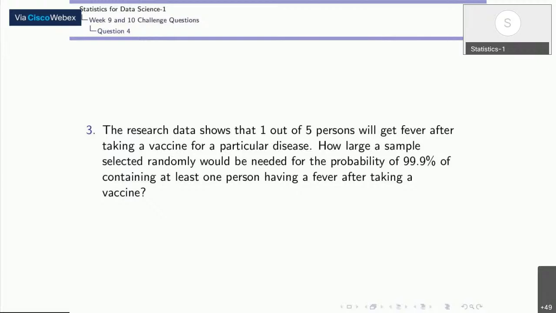That means if you have chosen a sample, let's say 100 people, what is the probability that at least one person will get the fever after taking a vaccine? Among 100 people you have given the vaccine, you should find the probability that at least one person will have fever after taking a vaccine. Yes, sir. Thank you, sir.